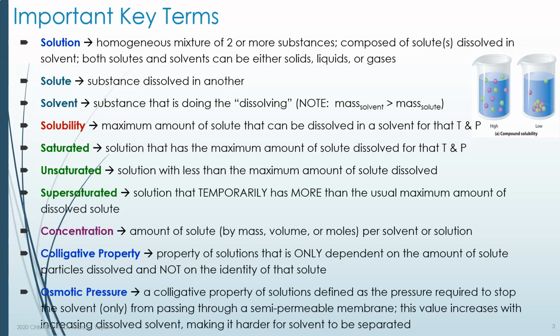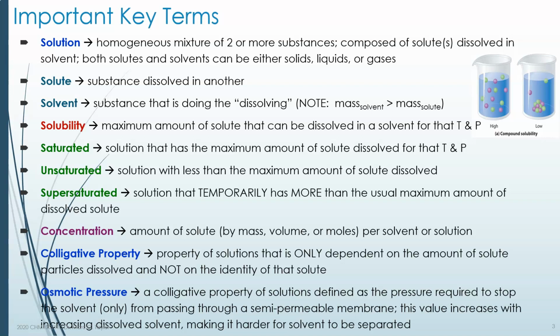One of those colligative properties is a concept called osmotic pressure. Osmotic pressure is the pressure required to stop a solvent from passing through a semi-permeable membrane. So if you have a solution of one type on one side of a membrane and a solution of another type on the other side, whichever side has more solute dissolved in it, that's the side that the other one will try to flow into in order to dilute it further.